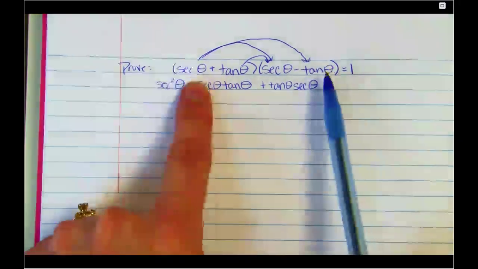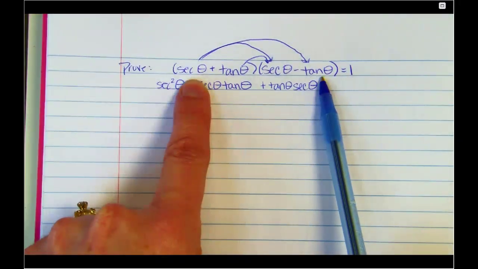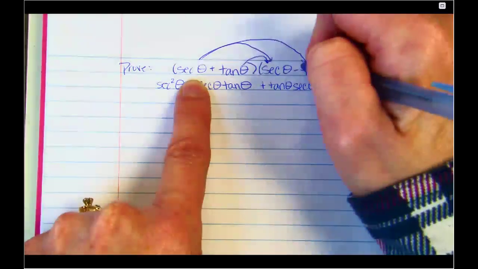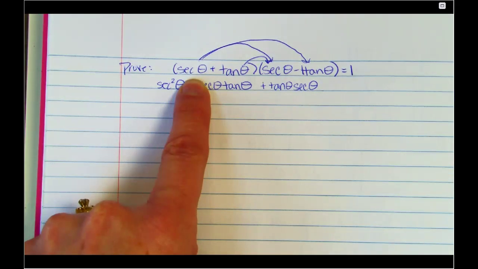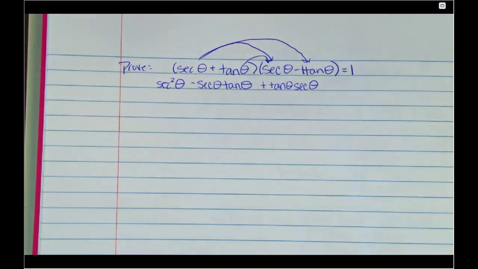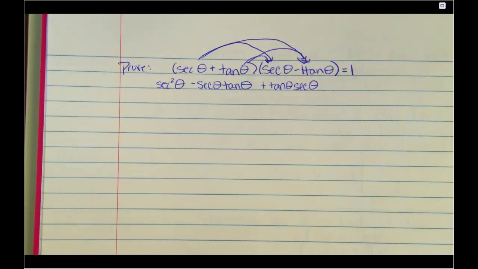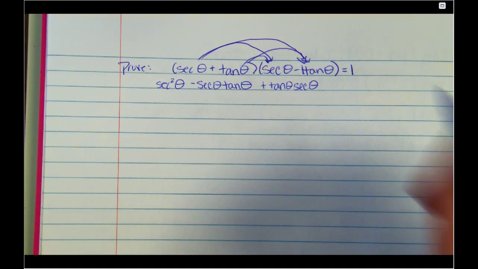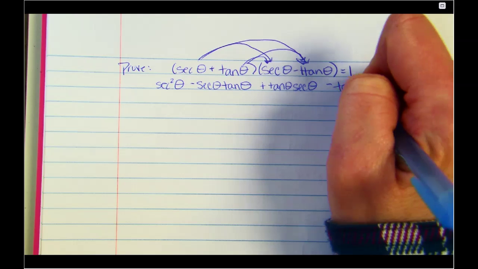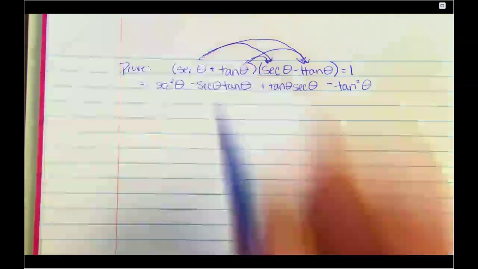Because this is a secant times a negative tangent. So this is like a -1. So it's a secant times a tangent and a -1. So negative secant tangent. Positive times a negative. If you want it a different way, it's a positive times a negative. Okay, last one. Negative tangent squared theta.